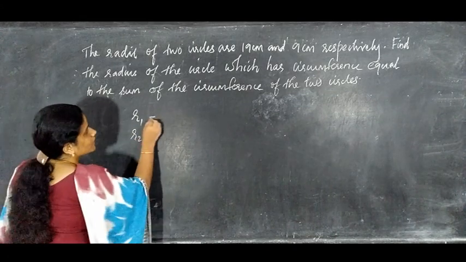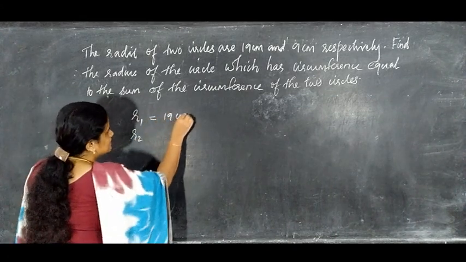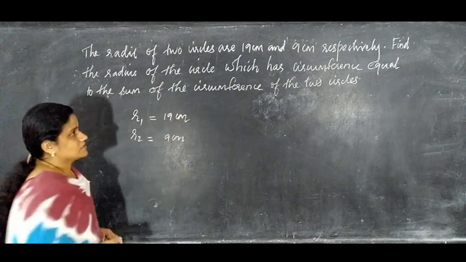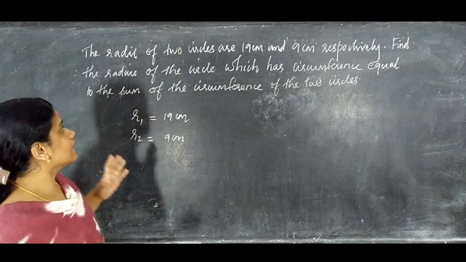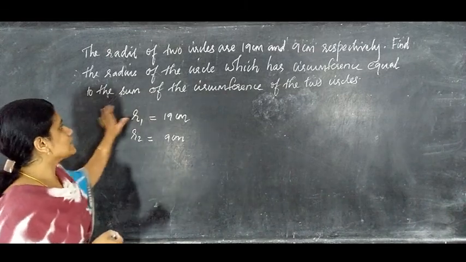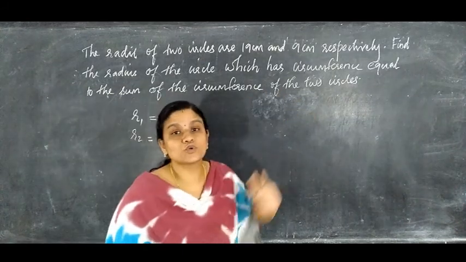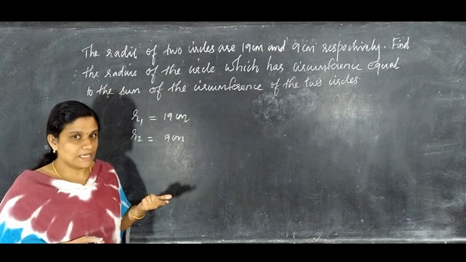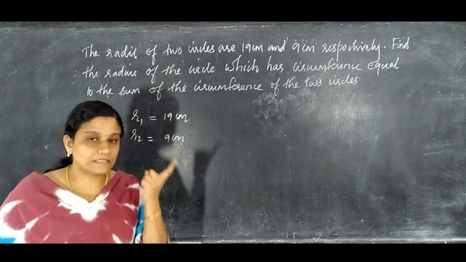So R1 is equal to 19 centimeter and R2 is equal to 9 centimeter. Now find the radius of the circle which has a circumference equal to the sum of the circumference of two circles. So there is a third circle, and we have to find the radius of that third circle.